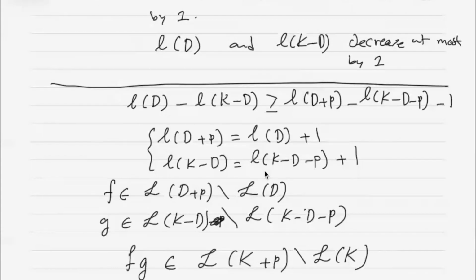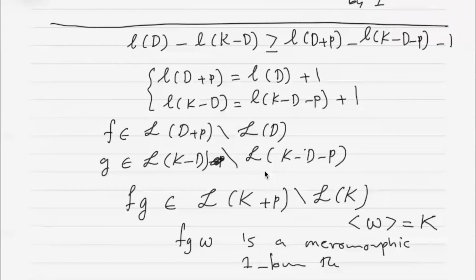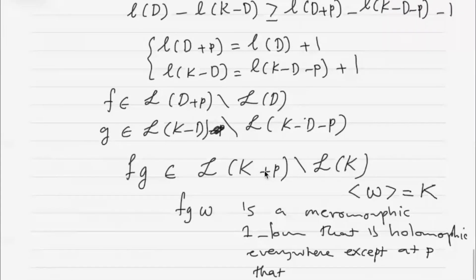Okay? So what does this mean? This means that you have fg times omega. Remember, omega was that one form that defined K. Divisor of omega is K. And fg times omega is a meromorphic one form that is holomorphic everywhere, except at P that has a simple pole.